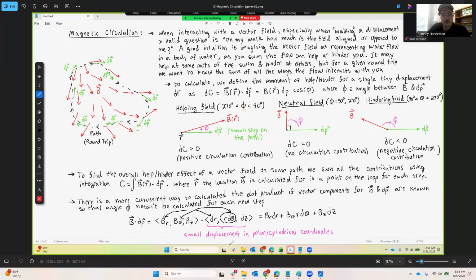It's got that r d theta in it because when you pass through an angle, the actual distance you've stepped depends on the radius and the angle. And then multiply the z component with the z displacement. So this is what a circulation contribution would look like in polar coordinates.